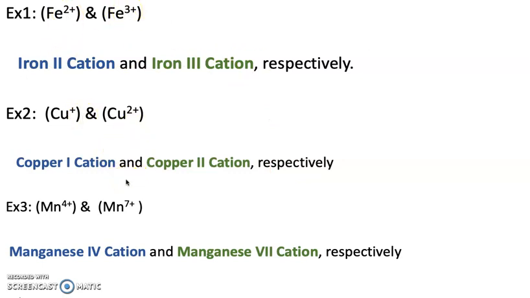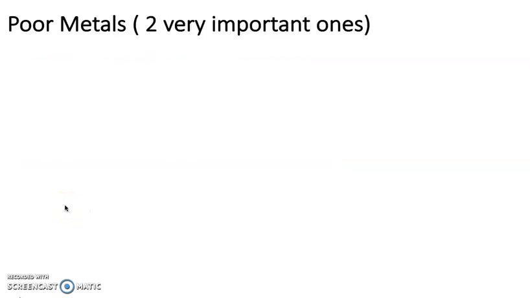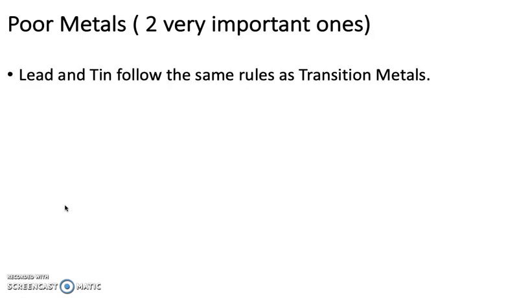Now, there are elements that have the potential to have 5 positive charges, and if you run into that, you just use the correct Roman numeral to accommodate the charge, only for transition metals. Now, there are 2 poor metals, 2 very important ones, lead and tin.